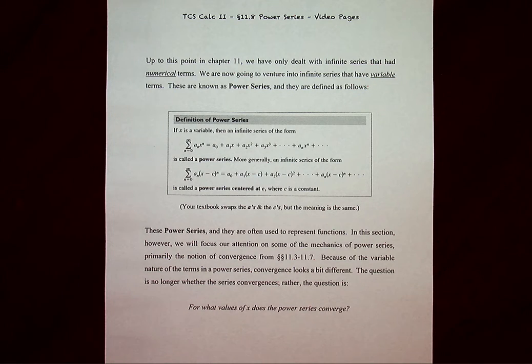So it's a nice segue into power series for this section to be about the mechanics of finding not whether power series, meaning series that have variable terms rather than numerical terms, are convergent, but where they are convergent. To do that, we're going to wind up using the ratio and root test like we discussed in class. But let's cover the bases first.